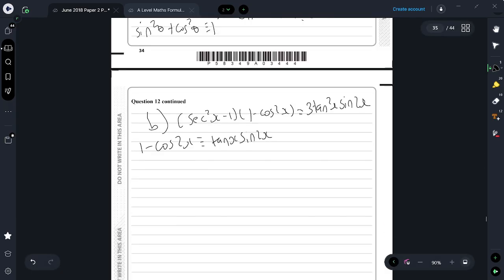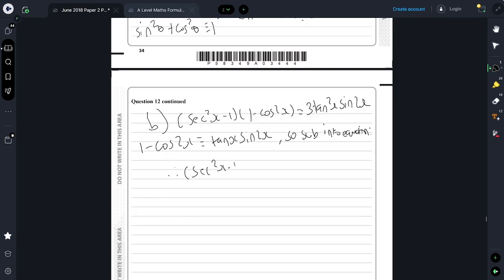So we can just substitute that in. Sub into the equation. Therefore sec squared x minus 1. You can do it either way, but because this is explicit, we don't have to change anything. This is 2x, not cos squared.